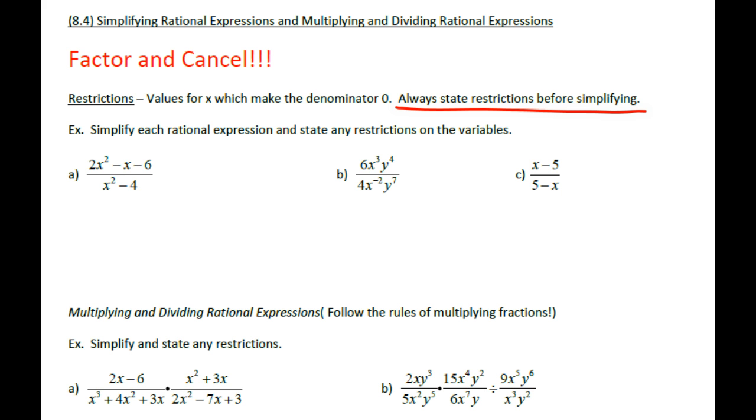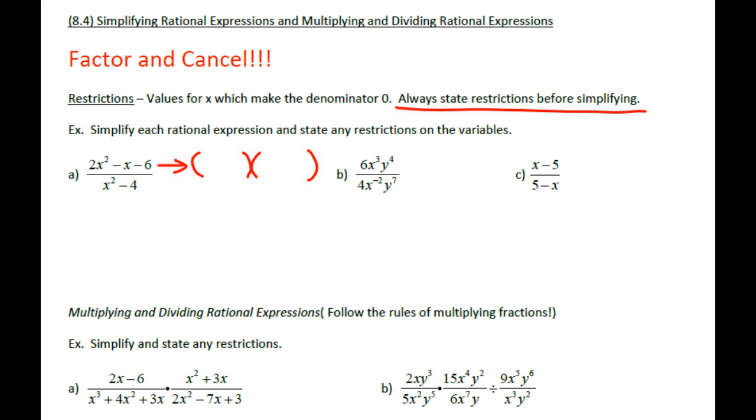The first one, I've got a single fraction, 2x squared minus x minus 6 over x squared minus 4. The first thing I say to myself is, does this fraction simplify? Can I cancel any common factors? All right, so I want to factor this top. Well, this top factors into, let's see here, factors of negative 12 that add up to or subtract to negative 1, or negative 4 and 3.